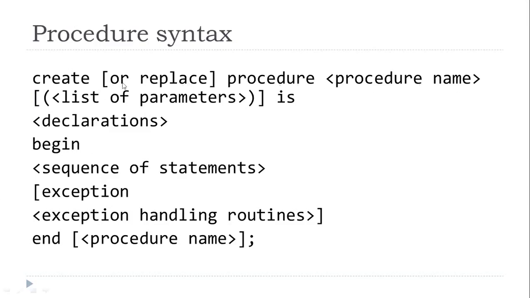Then we use the procedure name, followed by a list of parameters. While doing the practice we will see what parameters we can use here. Then we use the IS or AS keyword to start our procedure.